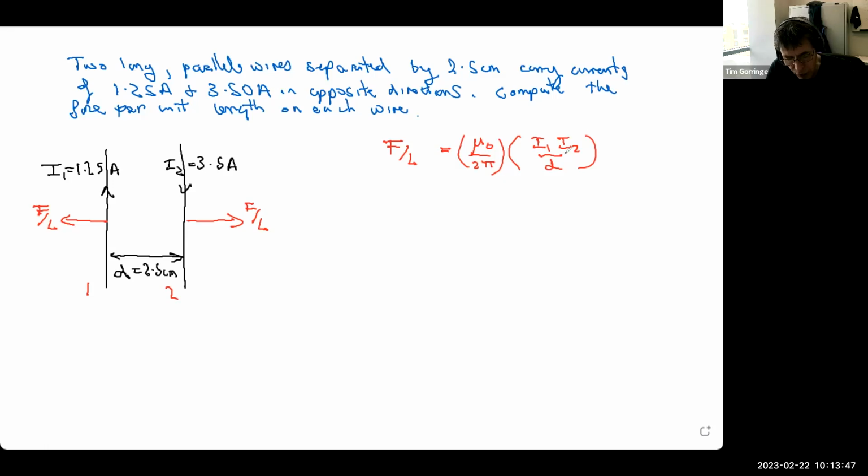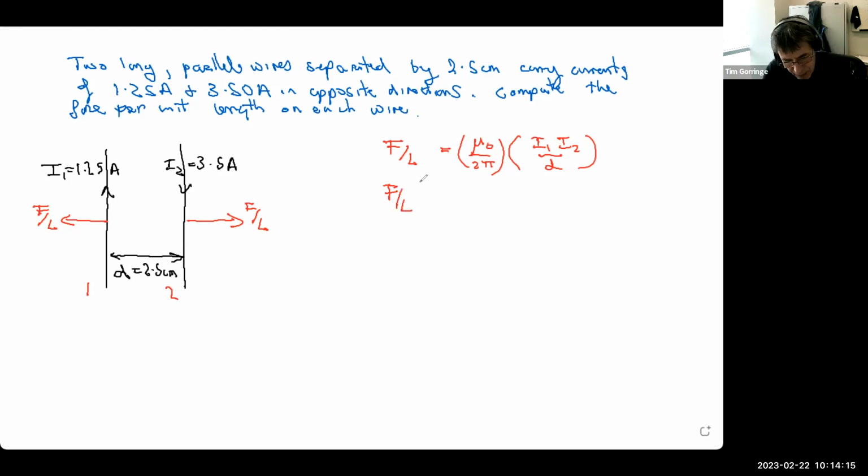And then the force per unit length falls off with the separation between the wires. So the further we pull the wires apart, the less their influence on one another. The closer we push them together, the more their influence on one another. That also makes some sense in terms of the magnetic field reaching out between the two wires and conveying, carrying, mediating the magnetic force.